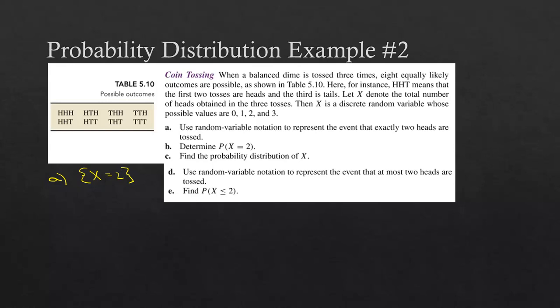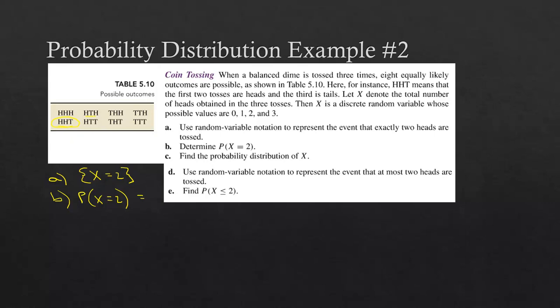All right, well, what about B? Determine the probability of X equaling 2. Well, go up here and count how many have 2 heads. You should have 3 that have 2 heads in them. 1, 2, 3.